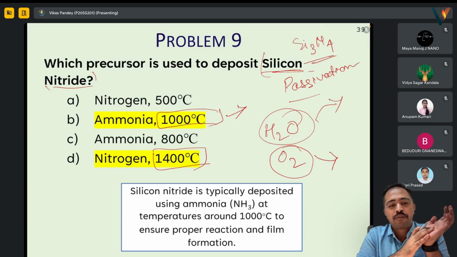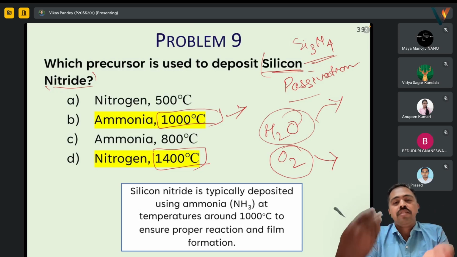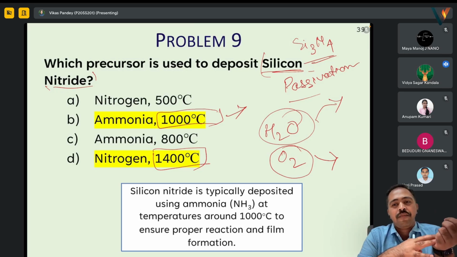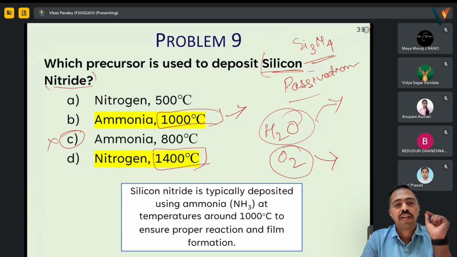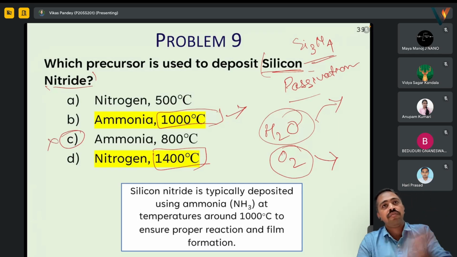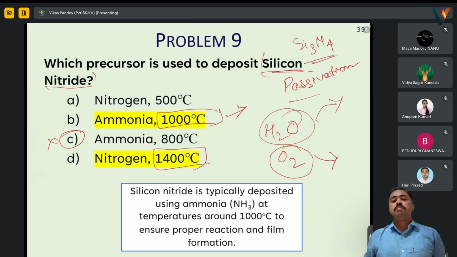So we are not breaking it outside, but due to the temperature itself, this reaction occurs. That is why you see the answer C is not correct. If you are doing it at 800 degrees Celsius, you will do everything correctly, but the activation energy will not be enough to break the molecules and for this reaction of silicon and nitrogen to happen. Temperature plays a very important role.